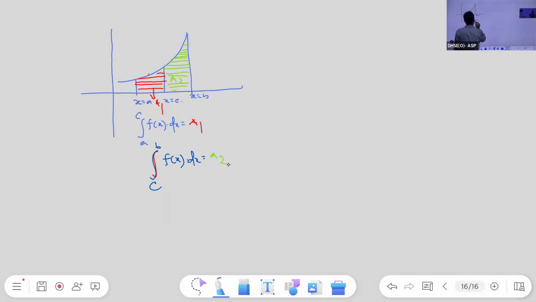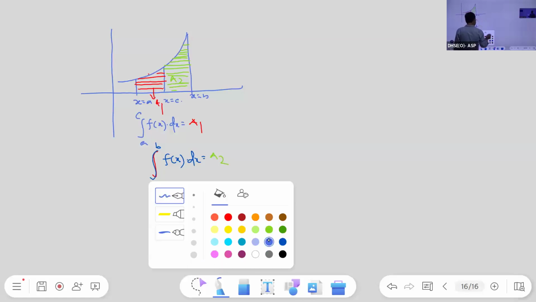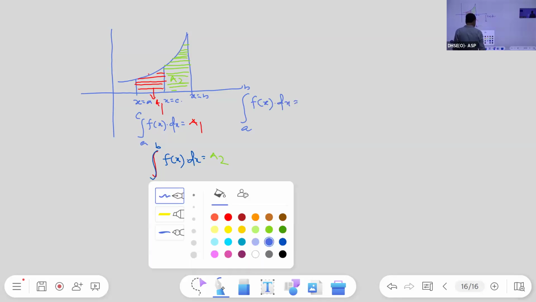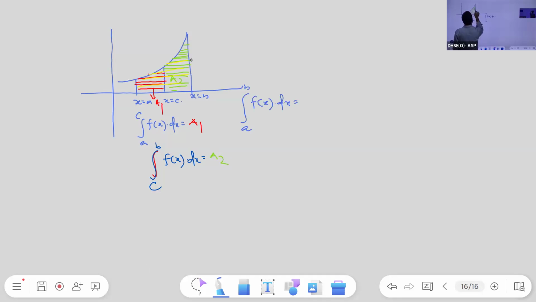Then the integral from A to B of f of x dx equals the total area. So let me take yellow. This total area, the yellow area, is A3.